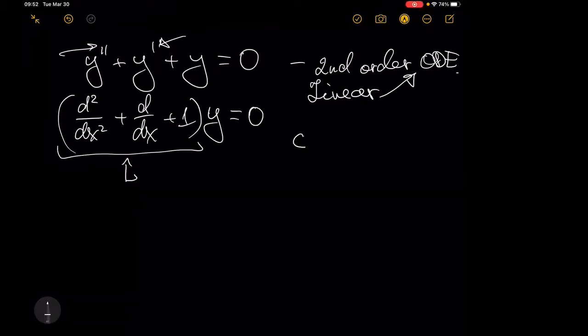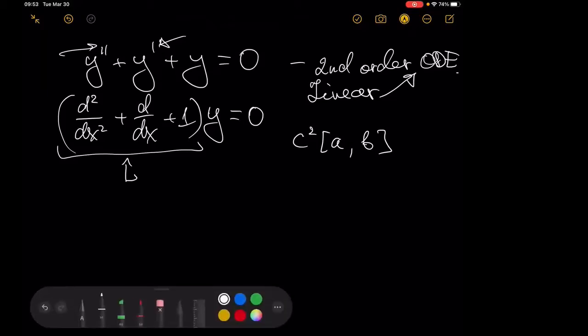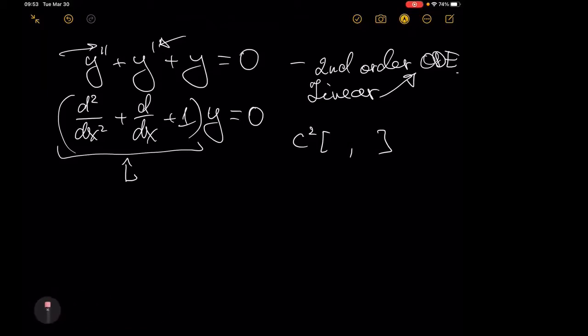So let us consider the space of twice continuously differentiable functions on the interval from a to b, so x belongs to the interval from a to b. Let's say from 0 to 10. Why do I need these twice continuously differentiable functions? Because I need to be able to apply this second derivative to the function.